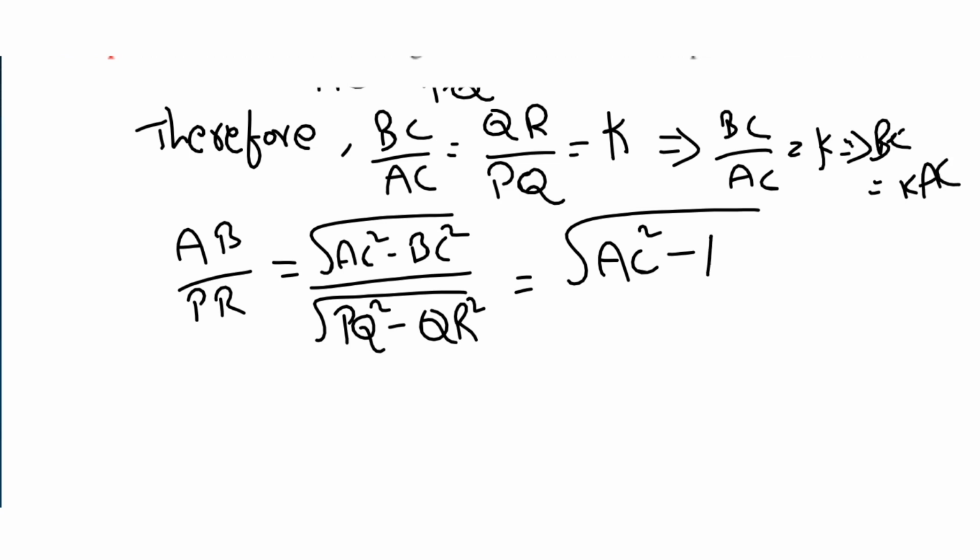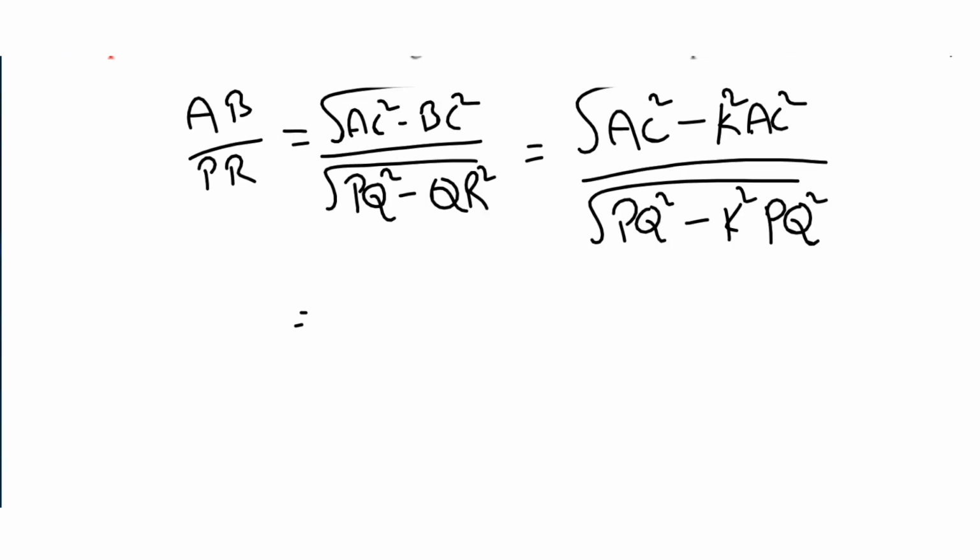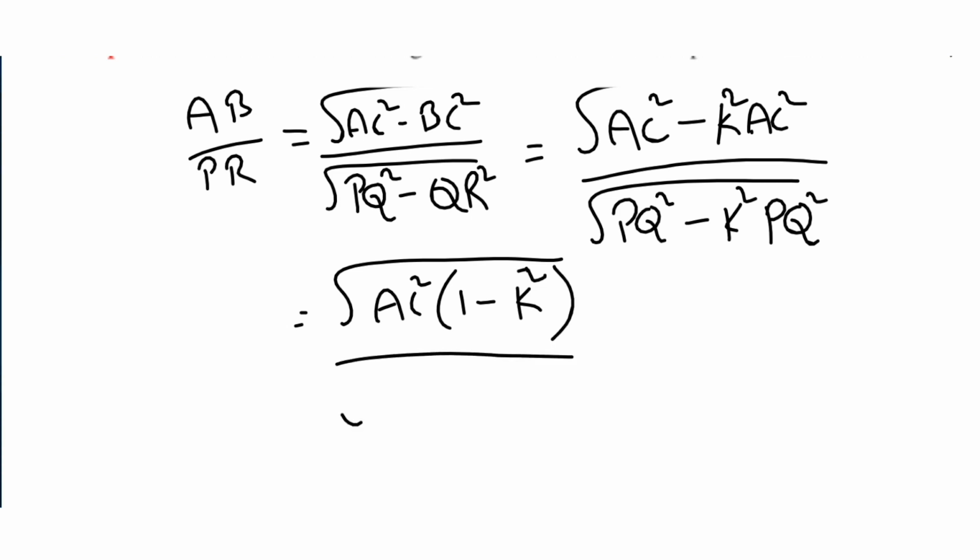So K square into AC square, and similarly PQ square minus K square into PQ square, that equals square root of AC square common, 1 minus K square, by square root of PQ square common, 1 minus K square.